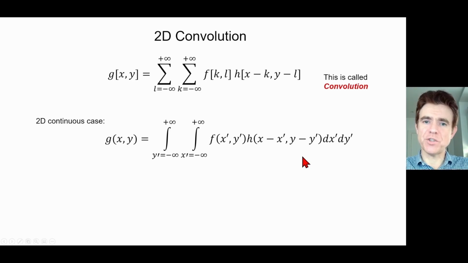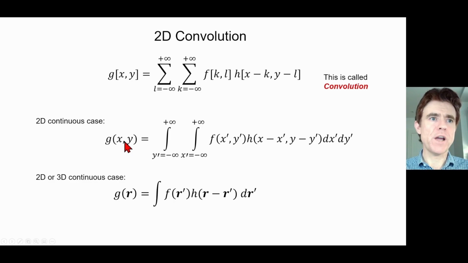Those, if you like, are dummy variables of integration. We're just using them to scan around all of the positions inside f, and then we get the value f and use that as a scaling for the point spread function h of x shifted to position x prime and y prime that's inside the domain of the true object. And then once we've summed it all up, that gives us the overall output.